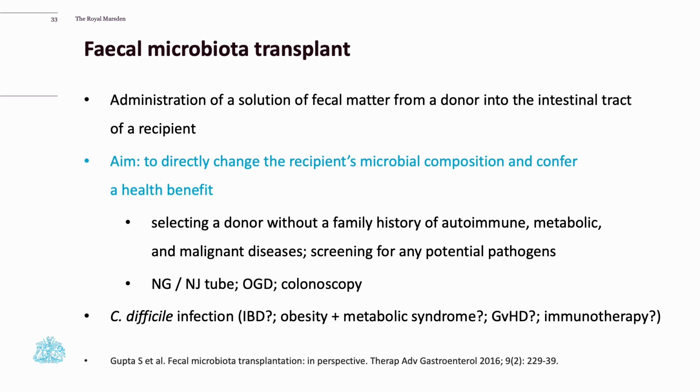We usually do it via the NJ tube, gastroscopy or colonoscopy, either into the terminal ileum, usually it's sufficient into the colon. And this has been used mainly in C. diff infections, as I mentioned already. And the question is, would there be a role for fecal microbiota transplant before any treatment for malignant diseases is considered, or in other indications including IBD or obesity or GVHD, where we know that the bacteria play a huge role as well.